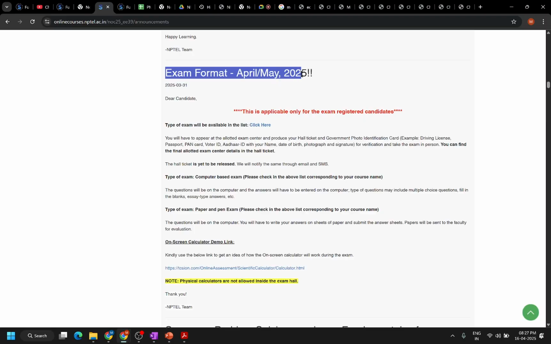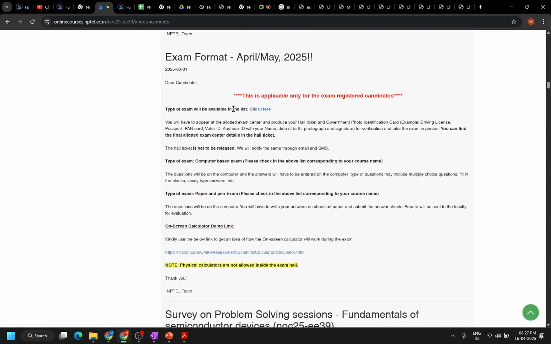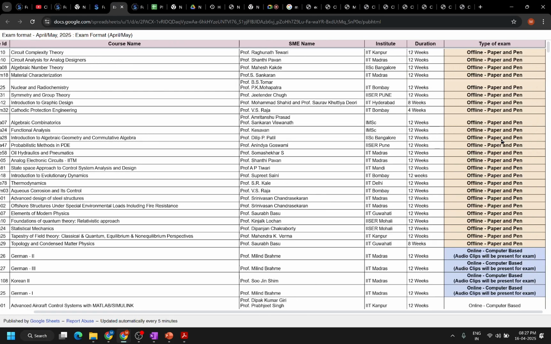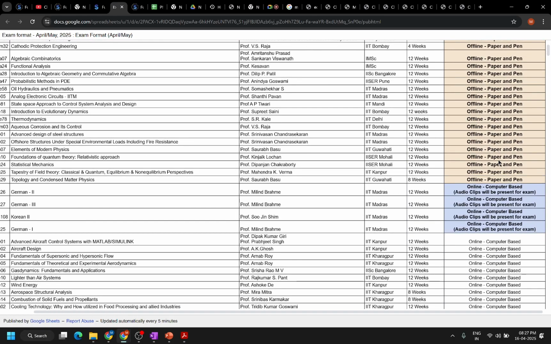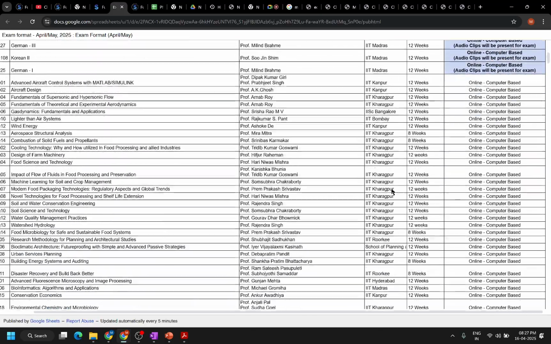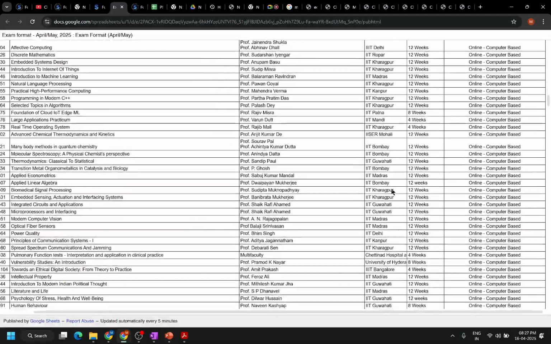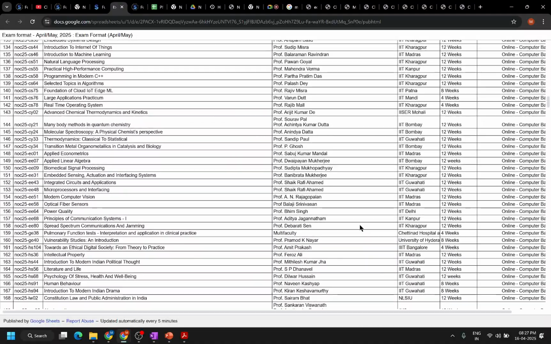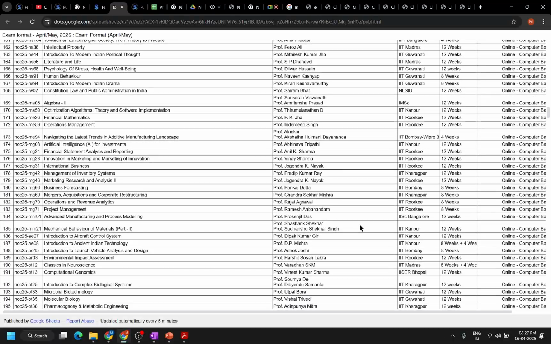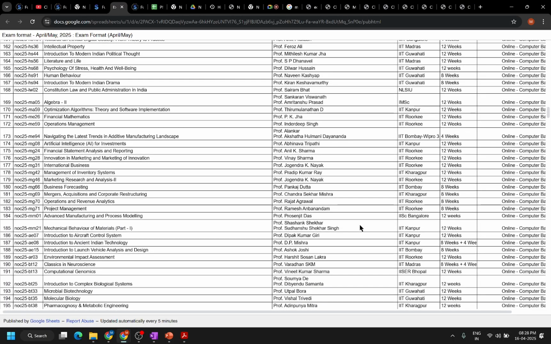Here it's there. I think it just says MCQ. It says offline paper and pen or online. It's online, right? Computer based exam. Yes, sir. So I think it should be MCQ only.